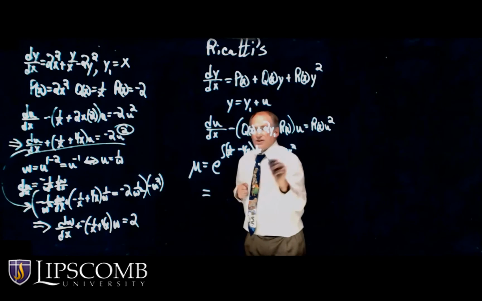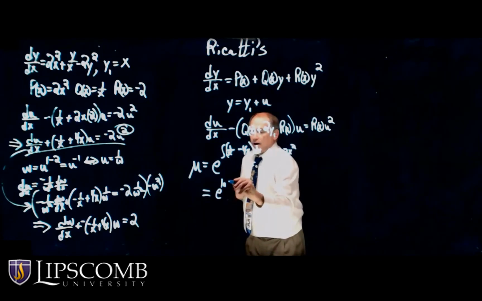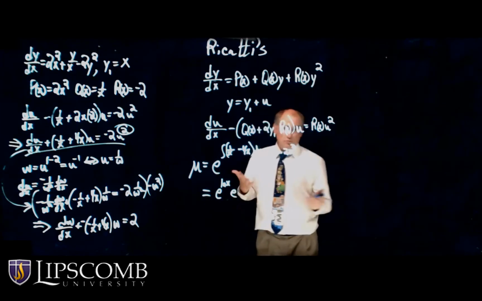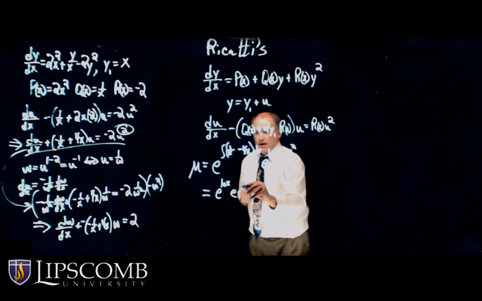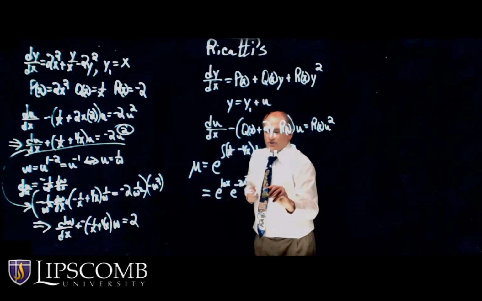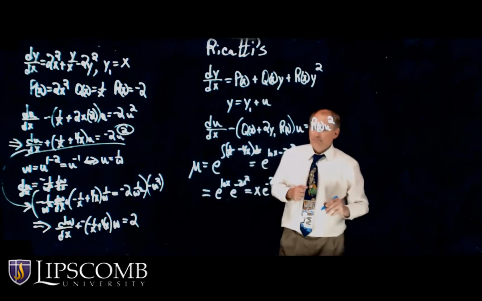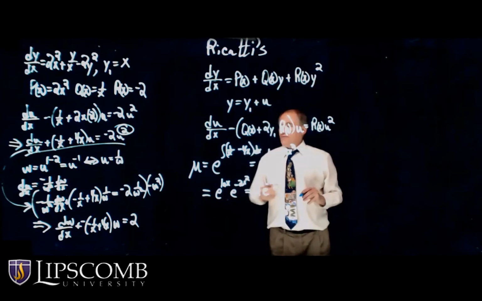So that's e to the natural log of x, and I'm not even worrying about the absolute value anymore, we're just going to assume it's positive, times e to the minus 2x squared. So that would be x times e to the minus 2x squared. So that's my integrating factor.